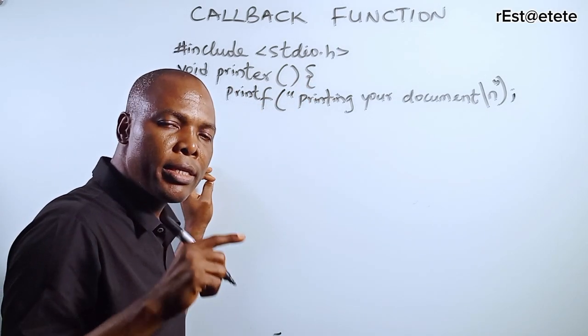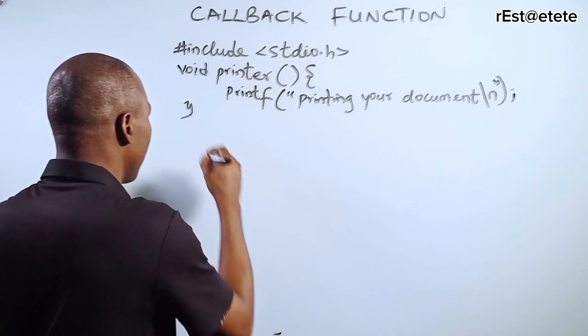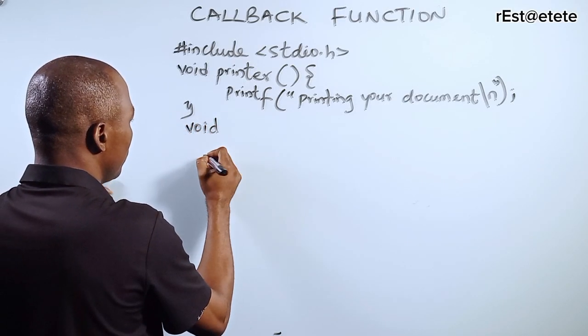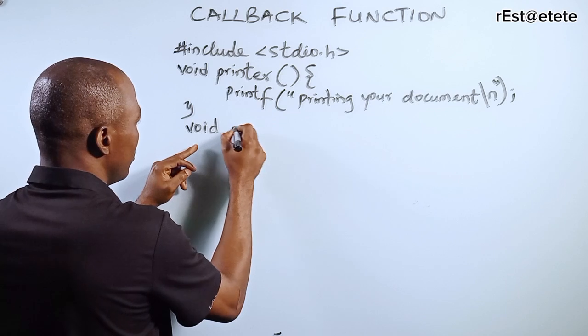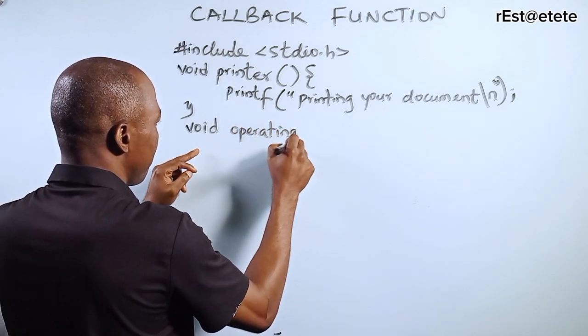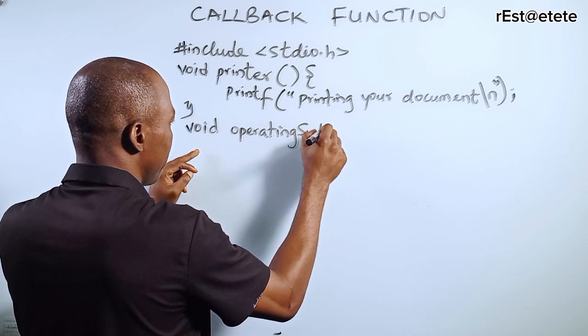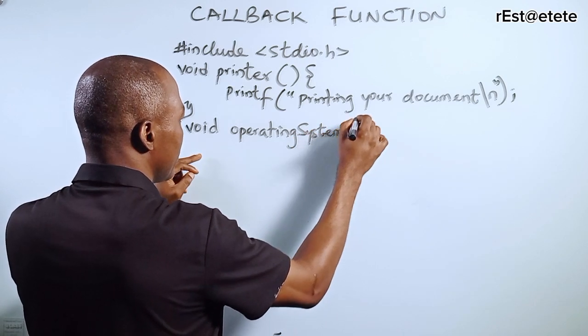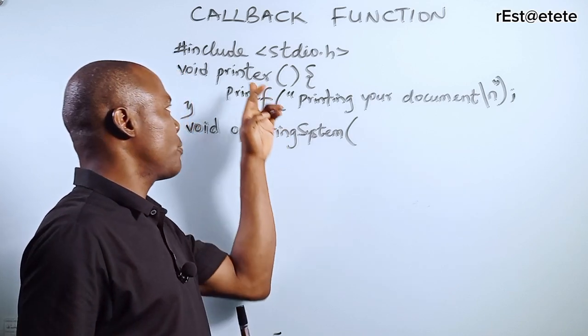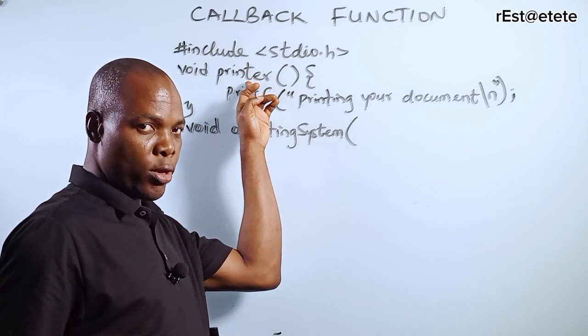Then I'm going to write the function for the operating system. So that one too, void, is not going to return anything. So I'll call it operating system, right? Then this operating system is going to accept this printer as an argument.